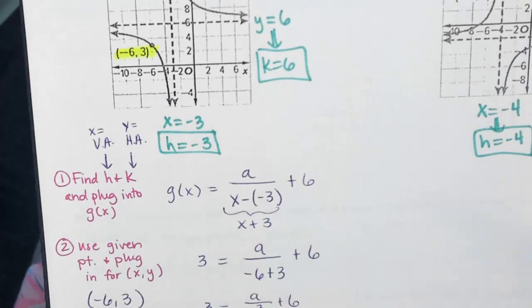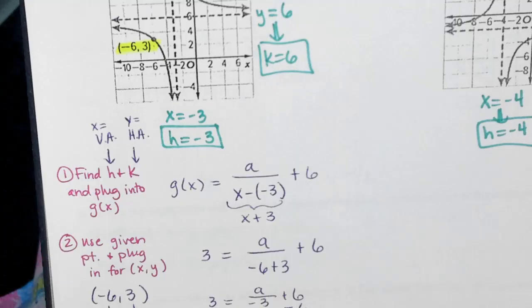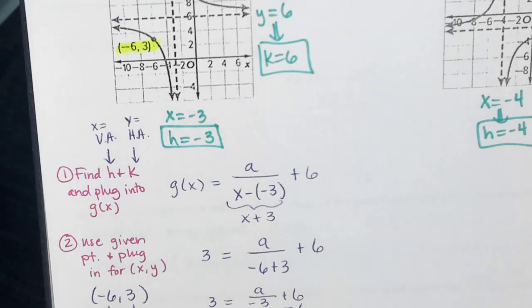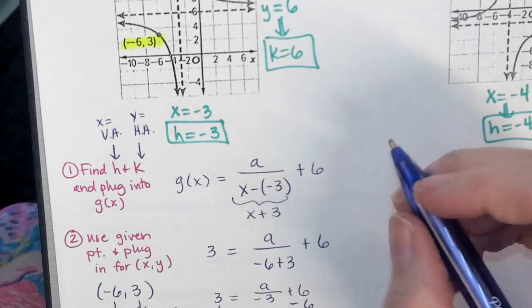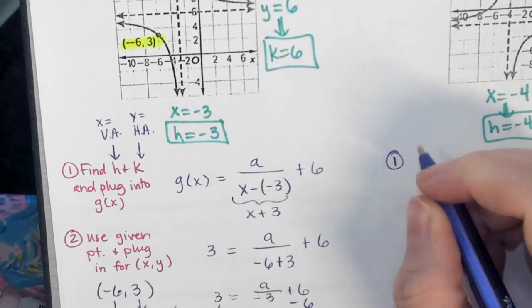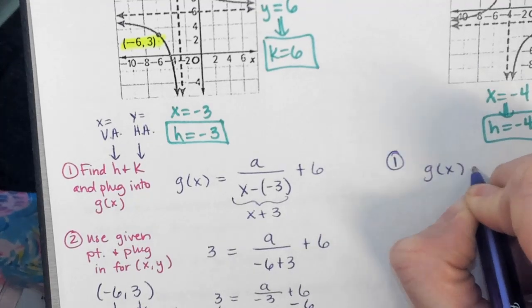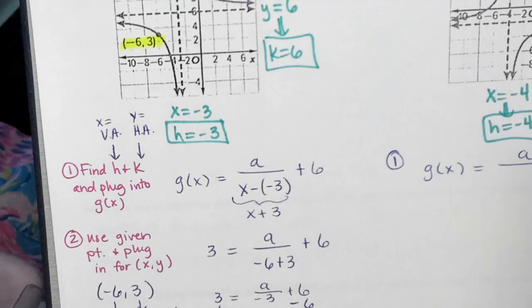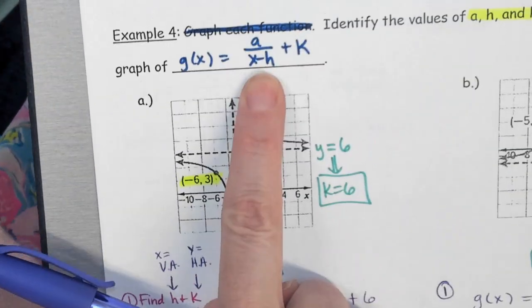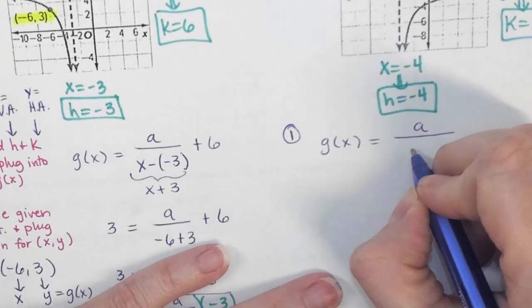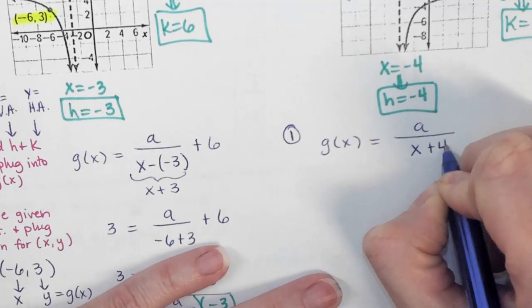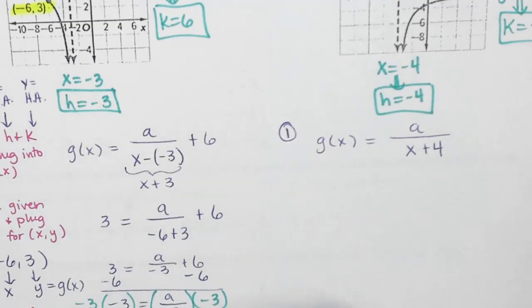Okay, and then in the first step, we're going to plug those into g of x. Okay, so we have g of x equals a over, and notice that it's x minus h. So x minus negative 4 is going to be plus 4, so you can just write it like that.